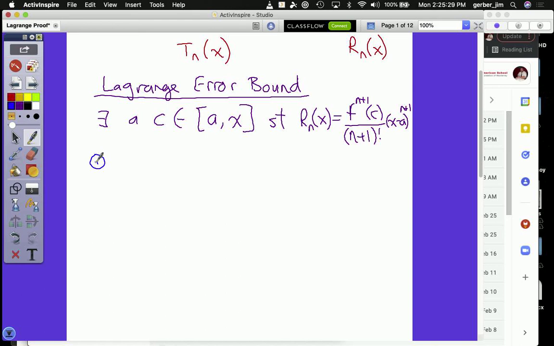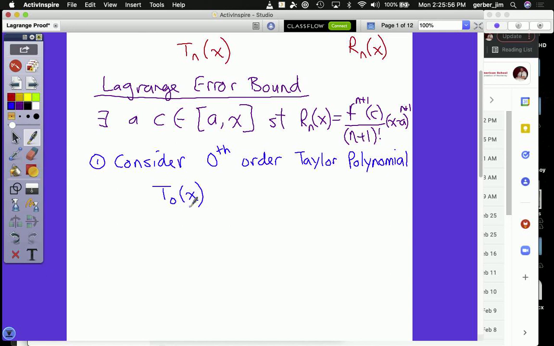So we're going to start with a 0 order. So let's take the 0th order Taylor polynomial. According to our abbreviation up here, that would be t sub 0 at x.